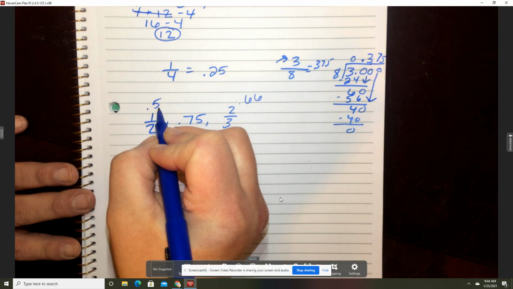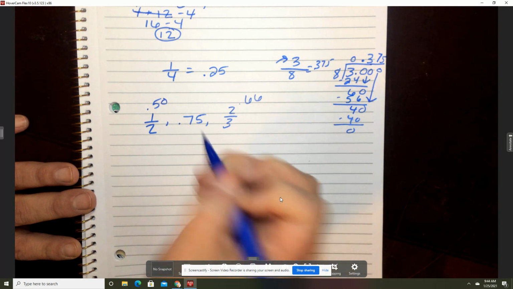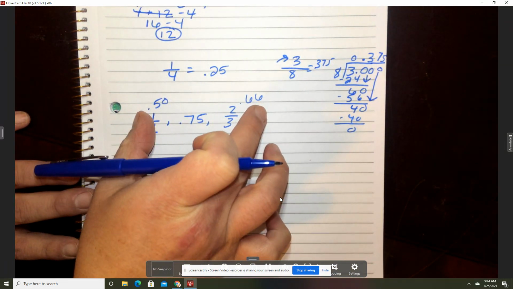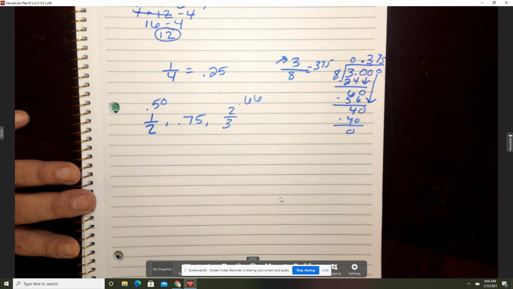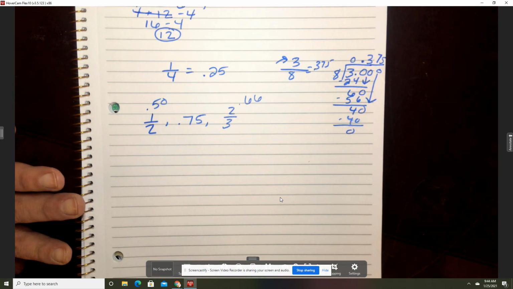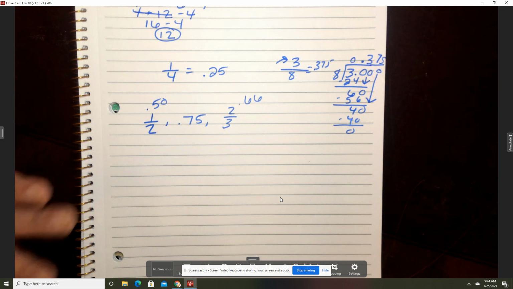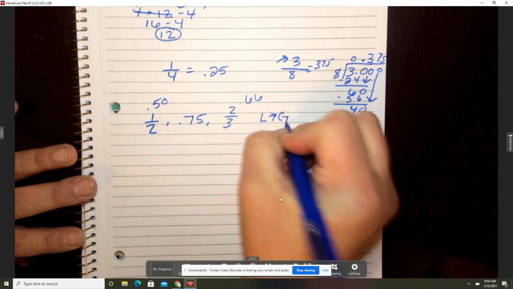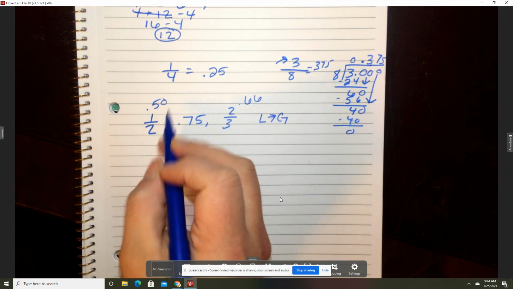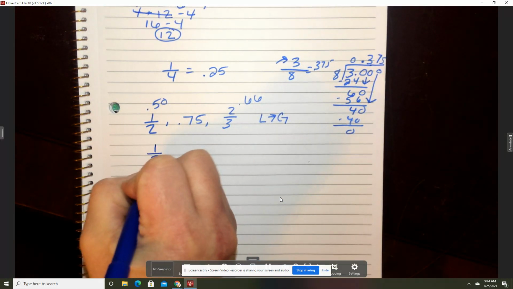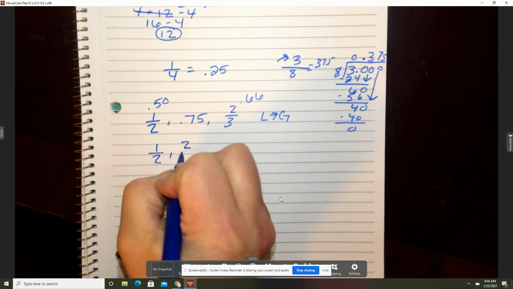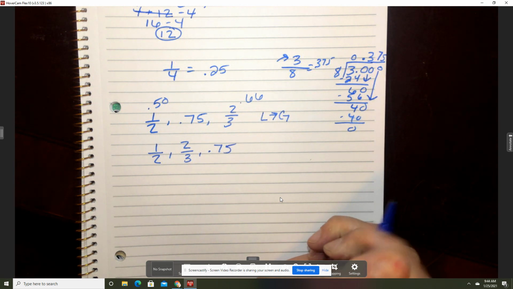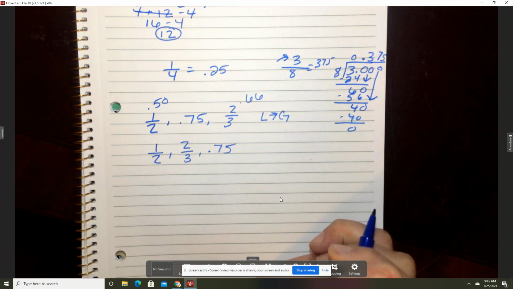So I know I only have 5/10 here, but you can add a 0 there to help you have those decimals look like money. And then it's easy to order because we use money every day. All right, so we're going to do these from least to greatest. So the smallest one is going to be 1/2, then 2/3, and then 75 hundredths. All right. So that is that.